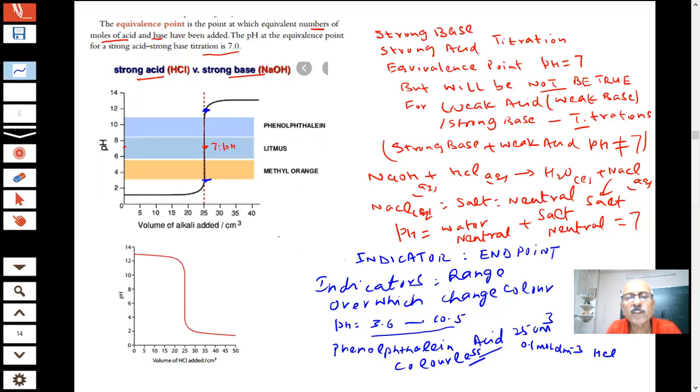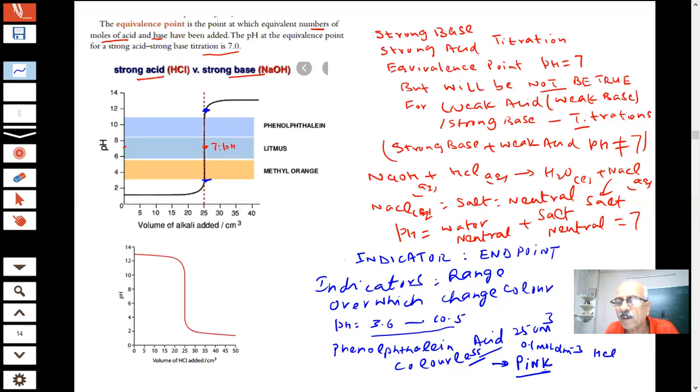But at the equivalence point, what will happen? The pH will shift from 3.6 to 10.5. And in this range, phenolphthalein changes its color from colorless to pink.